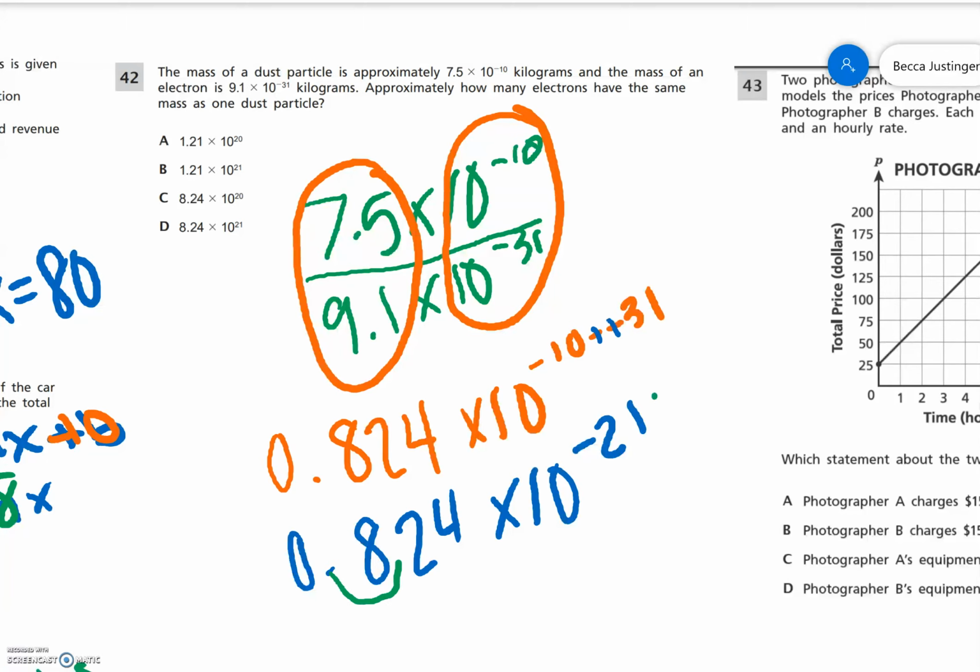Oh, and this should be positive. Negative 10 plus 31 is positive 21. So we move the decimal point over 1, and we get 8.24. Since it's a decimal, you have to subtract 1 from the exponent. 8.24 times 10 to the 20th power. C.